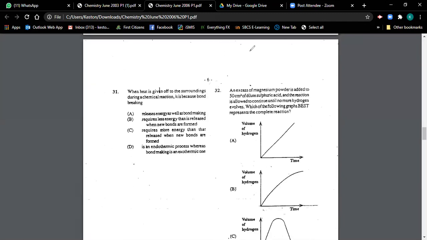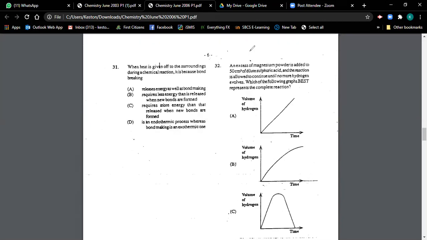Remember that? 31. When heat is given off to the surroundings during a chemical reaction, it is because bond breaking does what?